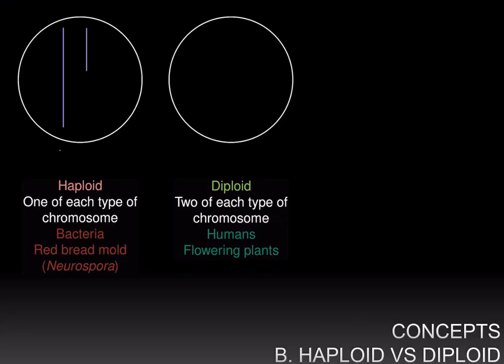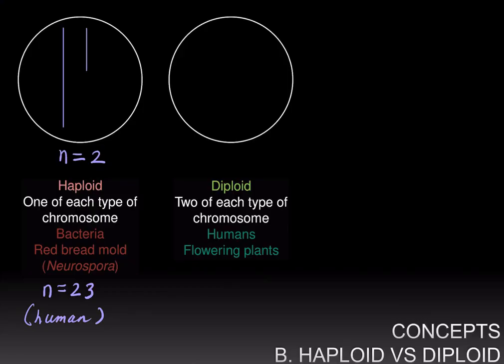And therefore, this cell has 2 types of chromosomes, and this cell is said to have a haploid number of 2. Humans and human gametes have 23 chromosomes, and therefore humans are said to have a haploid number of 23.